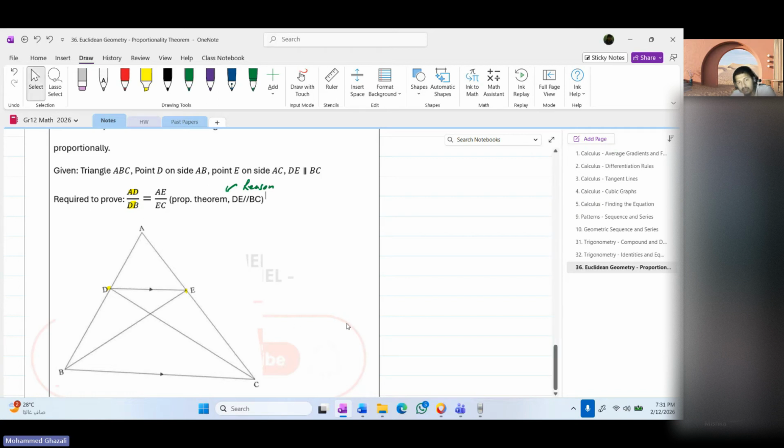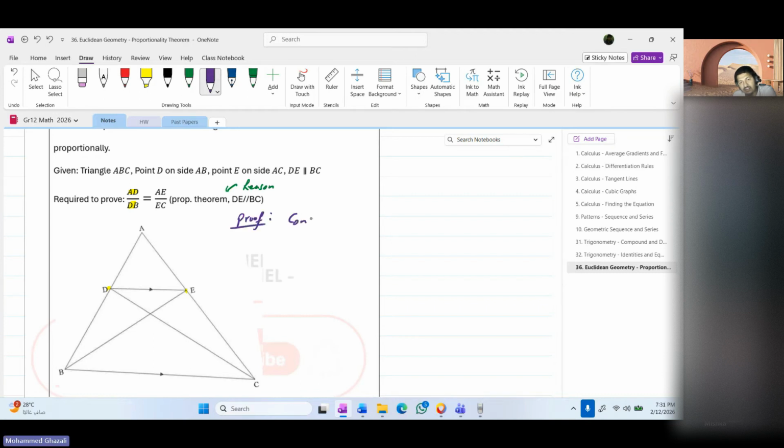Now, how do we go about proving this? So we're going to make two altitudes. First you make your crosses like this. Join B. I need to write all this out. Proof.